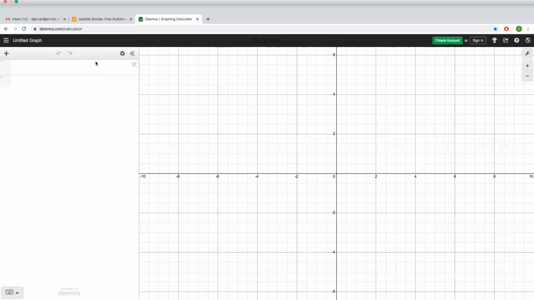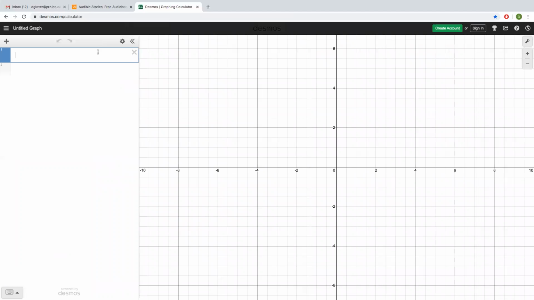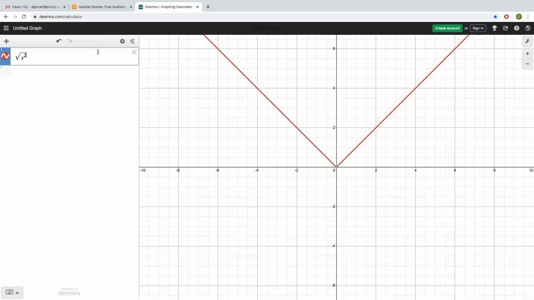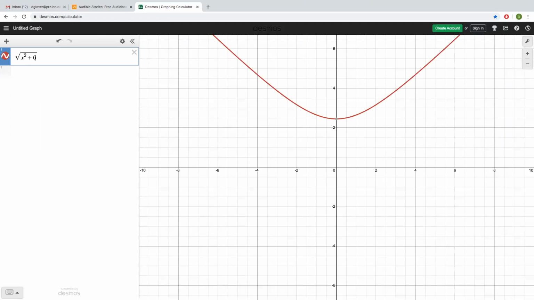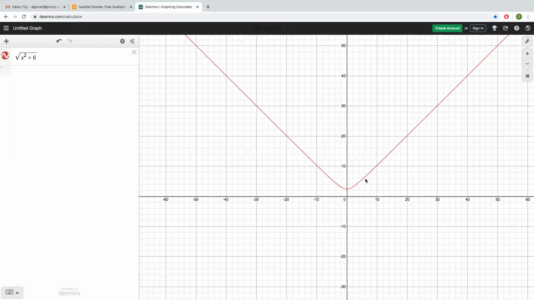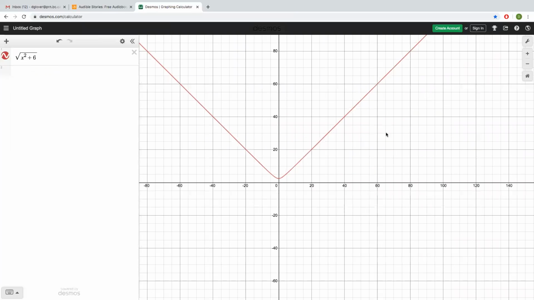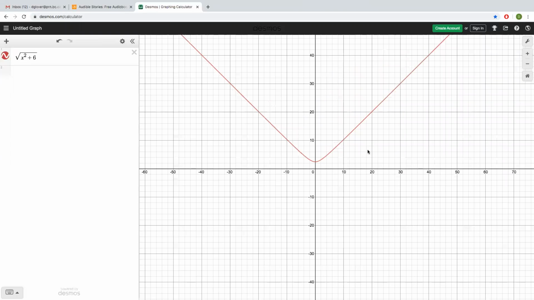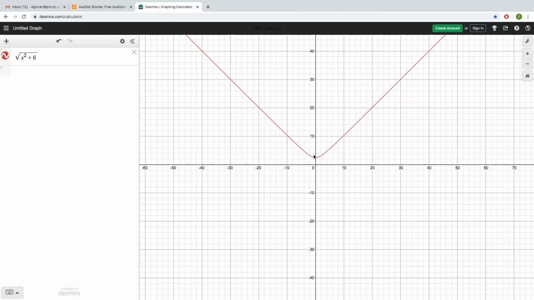So square root x squared plus 6. Something like this. It's like a parabola, but it's been flattened off, and that's from our square root. Now, we do have a minimum value. Y is greater than 2.45.